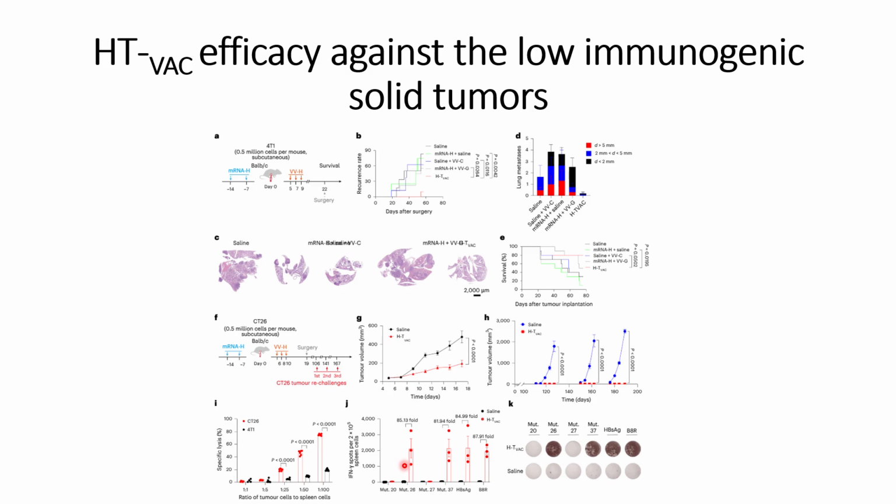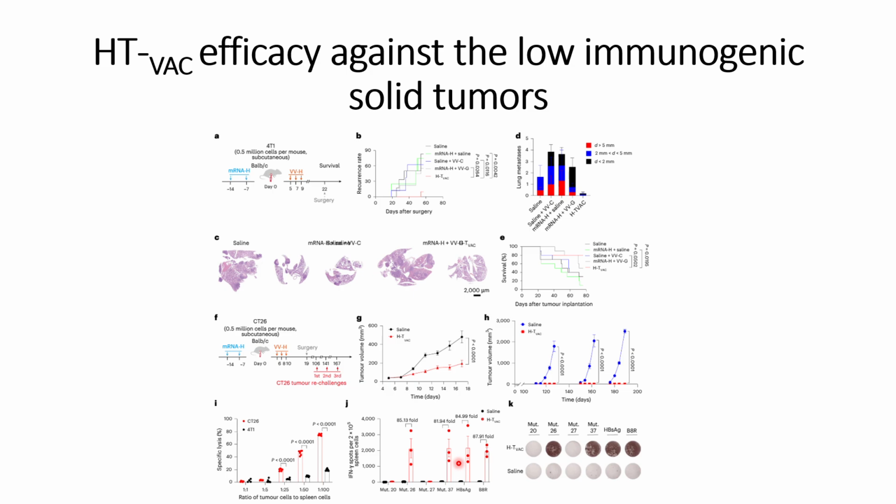For that they used 4 different mutations, 20, 26, 27 and 37. The results are shown here, and they can see that for 2 of the cases, mutations 26 and 37, the IFN gamma secretion in the spleen cells seems to be high, and it is comparable to the HBsAg and B8R controls.